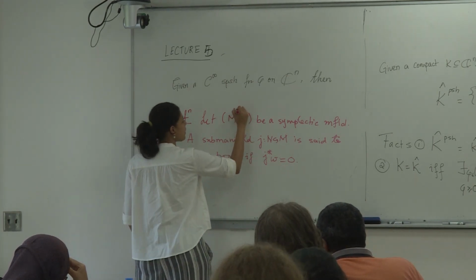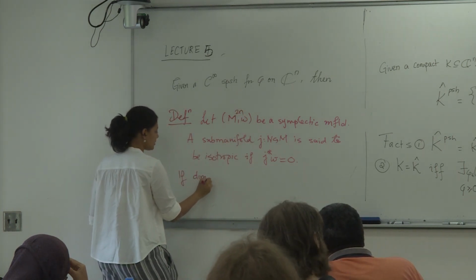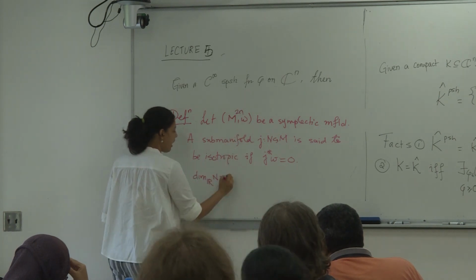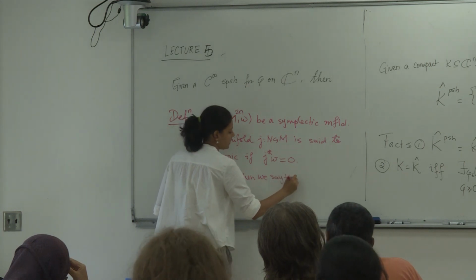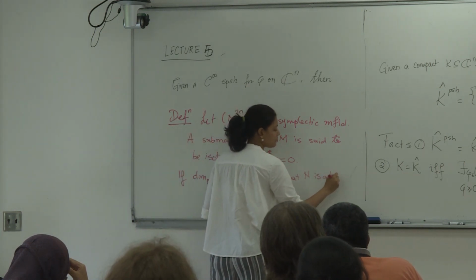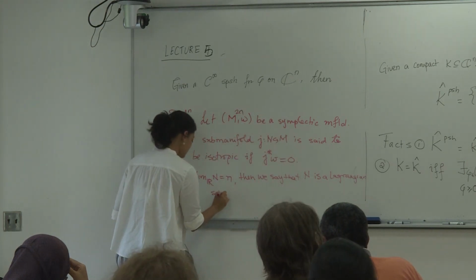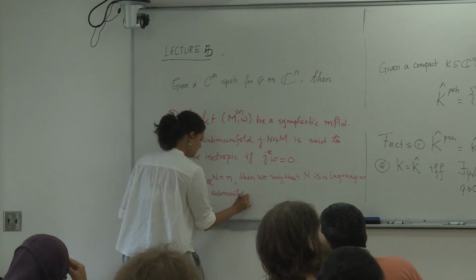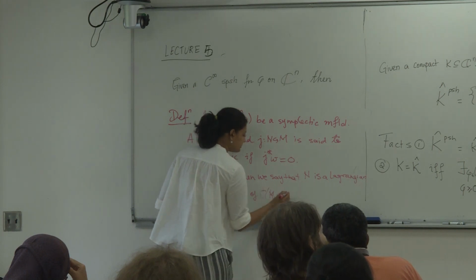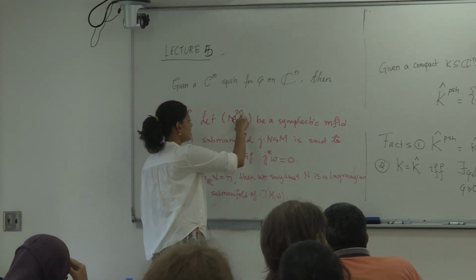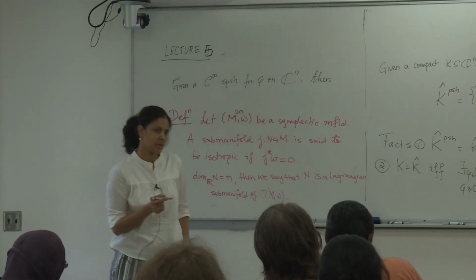A symplectic manifold is always of real dimension 2n. If the real dimension of N is half of this, then we say that N is a Lagrangian submanifold of (M, omega).